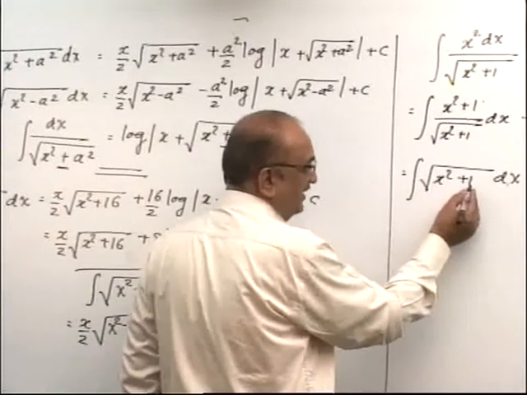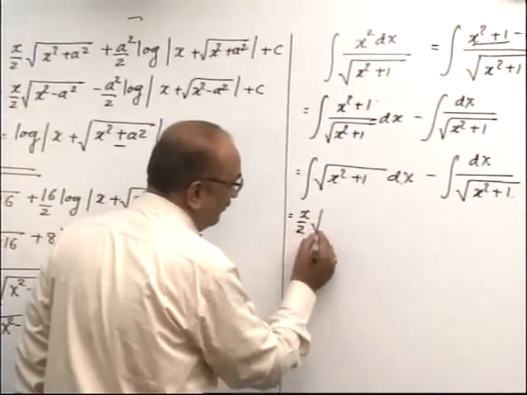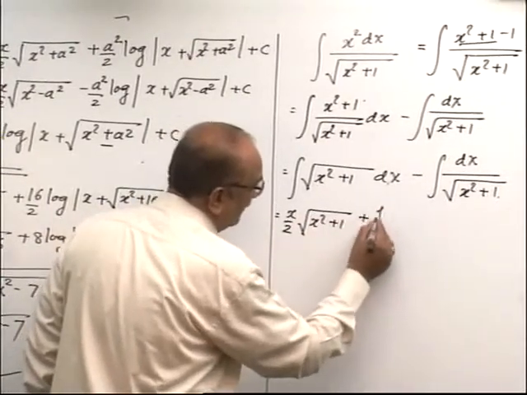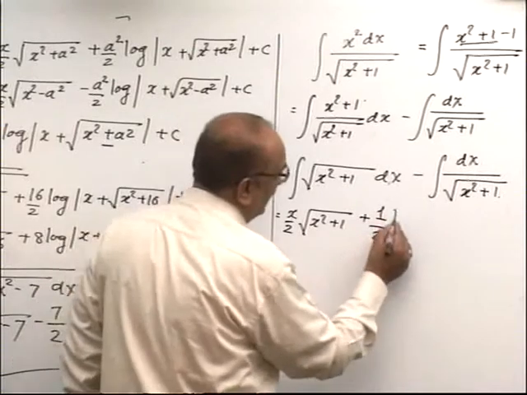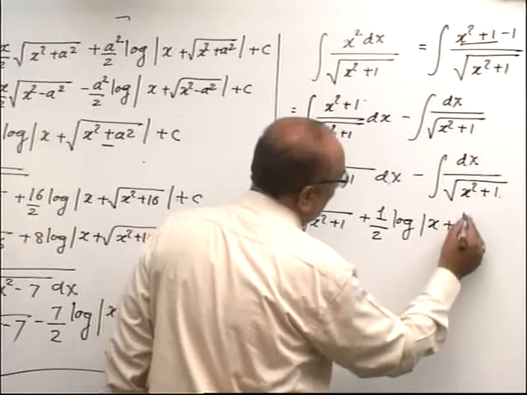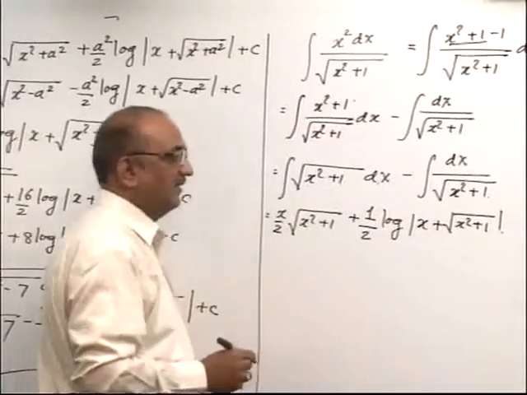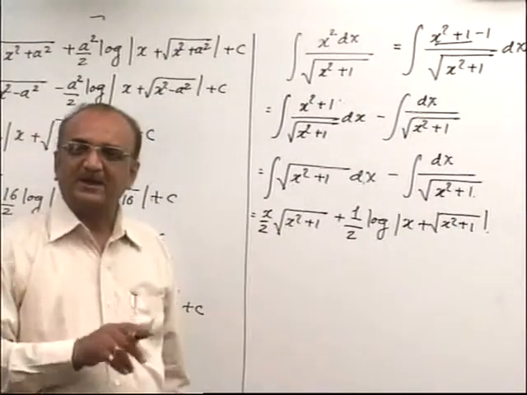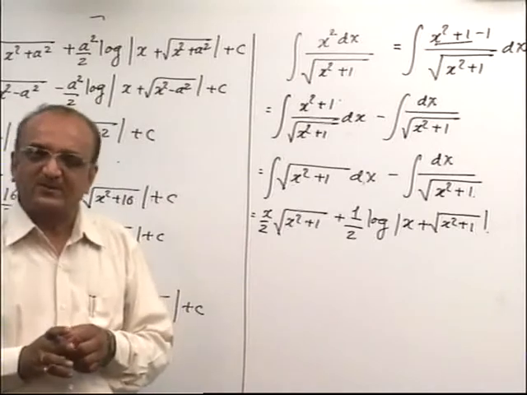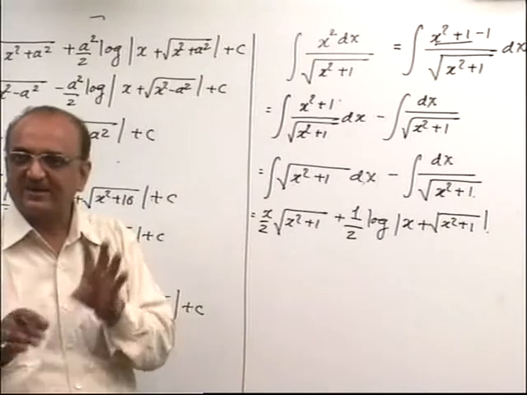Root x square plus a square, a square is 1. What you write? x by 2 into root of x square plus 1, plus a square means 1 upon 2 into log of modulus x plus root x square plus 1. Plus c. You can write it first or later, no difference. After the example is complete, write plus c, that is necessary. Don't write 5c, 10c.